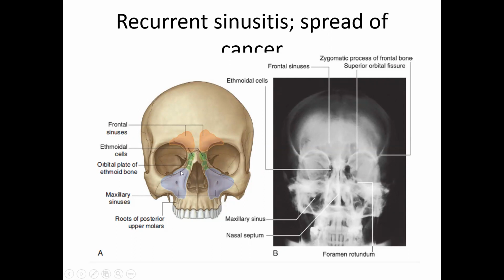So that's why sinusitis is a very recurrent problem because of accumulation of fluid within it. Peculiarly, obviously, the frontal air sinus, because its opening is at lower end, infective fluid will not accumulate in the frontal sinus. Therefore, recurrent frontal sinusitis does not occur. All the other sinuses have a recurrent sinusitis problem.